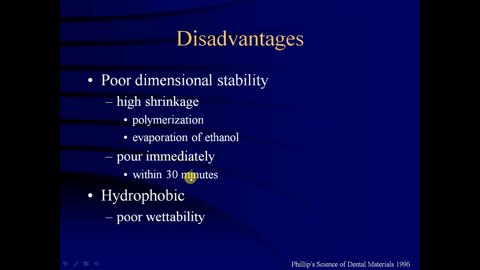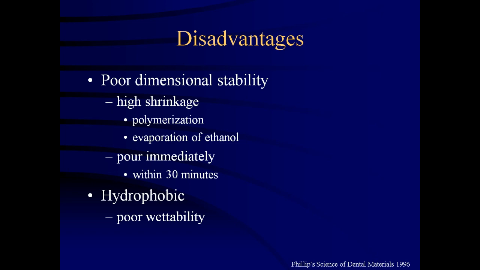In polysulfide, pour within the range of 1 hour, but in this you have to pour the cast within 30 minutes. These are hydrophobic with poor wettability. Polysulfide was hydrophilic; hydrophilic means it absorbs water, hydrophobic means it repels water.